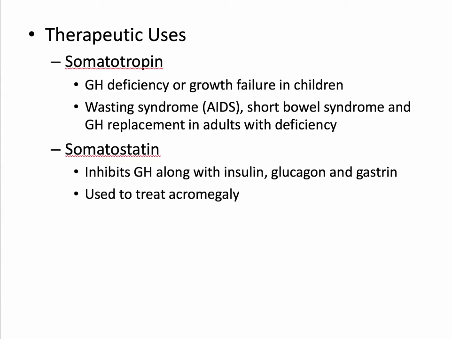So patients, for instance, who have HIV/AIDS, where they cannot gain weight and are having issues with weight loss, or if adults have short bowel syndrome and they cannot absorb nutrients properly. Short bowel syndrome is where there's malabsorption because a large component of the small intestine is either missing or has been surgically removed.